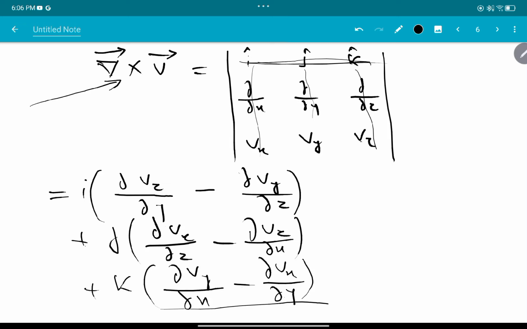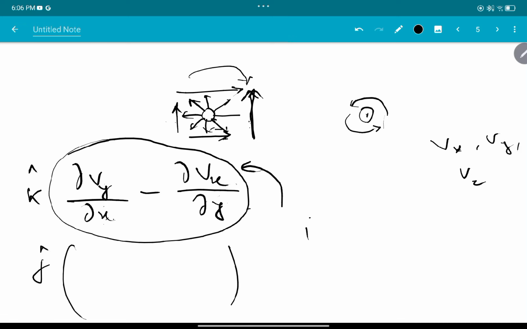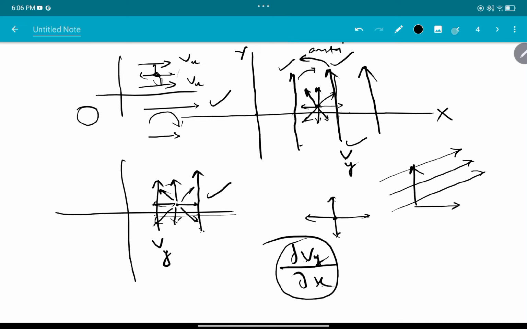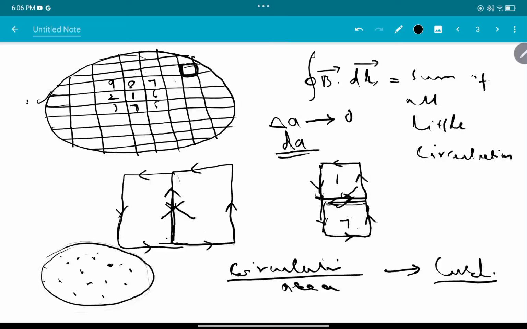Sorry, we go back to this. And then this is curl at a point. These are the points. We are adding up all these curls, and we get this loop.